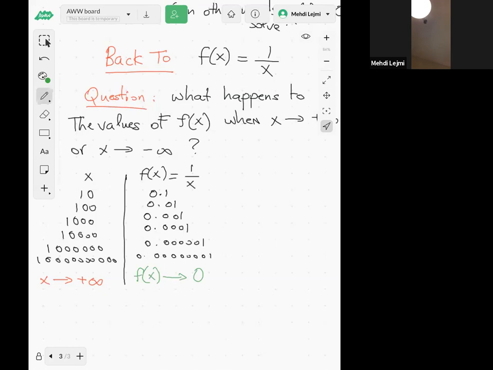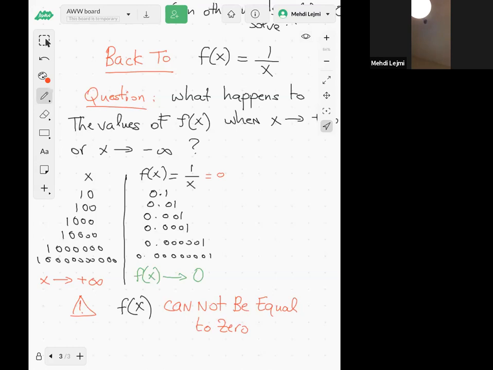They are not equal to 0. f of x cannot be equal to 0, and that's really important. If you want to solve 1 over x equal to 0, there is no solution. Because if you have a fraction equal to 0, then you're supposed to solve the numerator equal to 0, but the numerator here is 1.